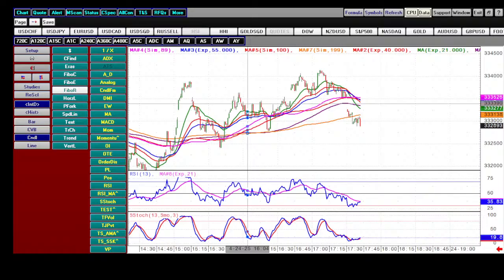As far as these currencies are concerned, the pound, I think it's just flickering, coming to the buying, then failing. The same thing for dollar Swiss and dollar Sing.